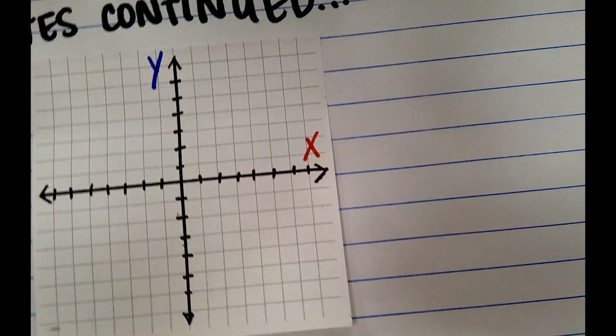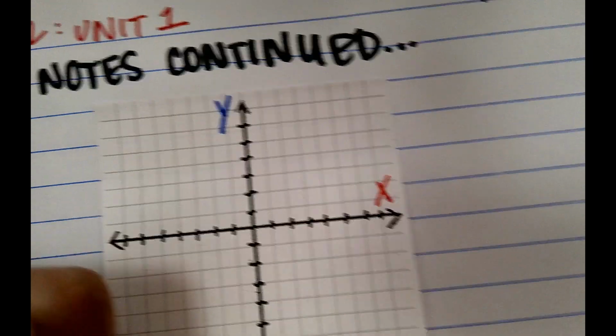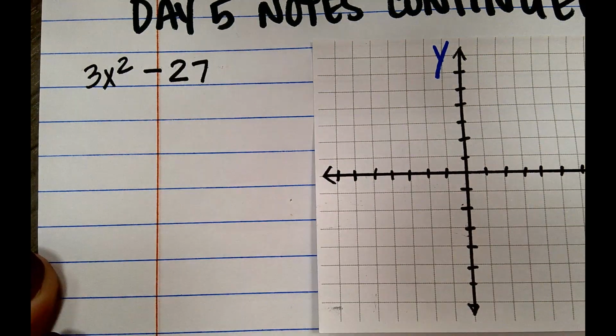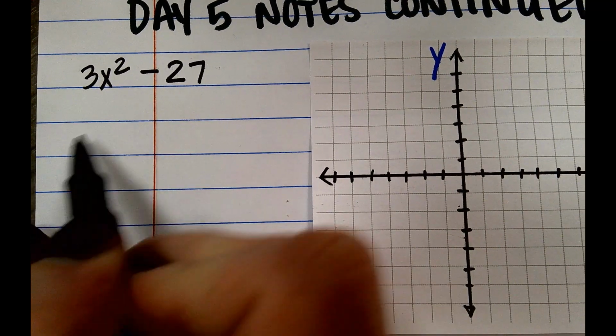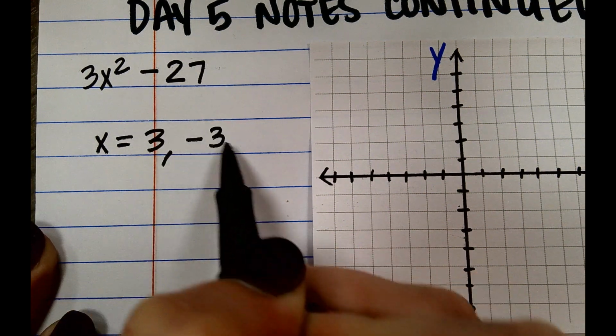So, I'm going to write that problem here over to the side. It was 3x squared minus 27. And we found out that x equals 3 and negative 3.